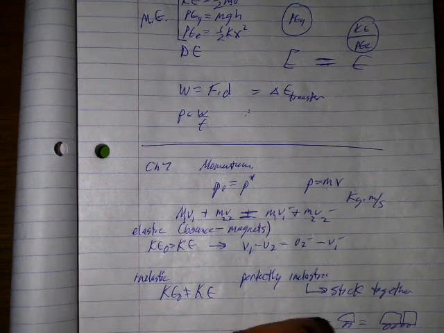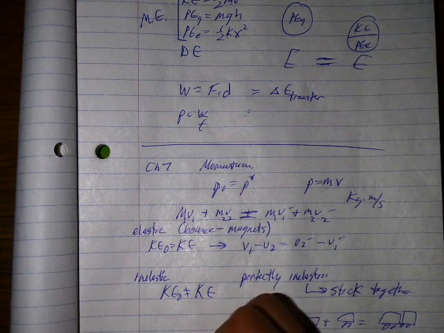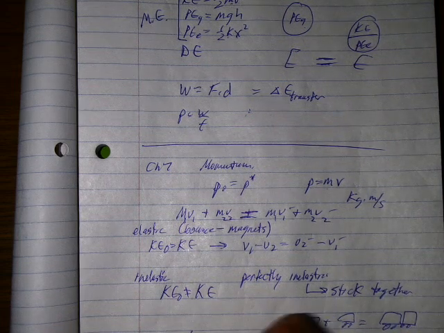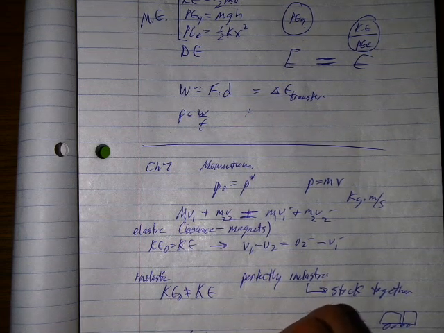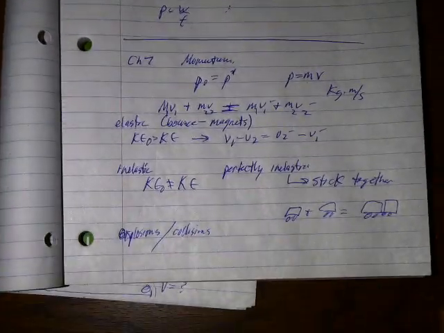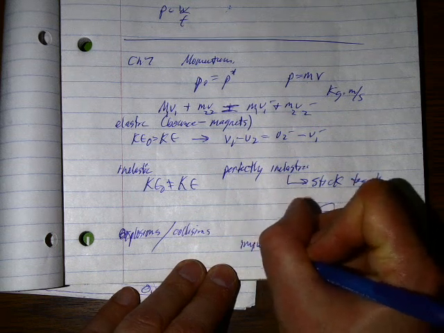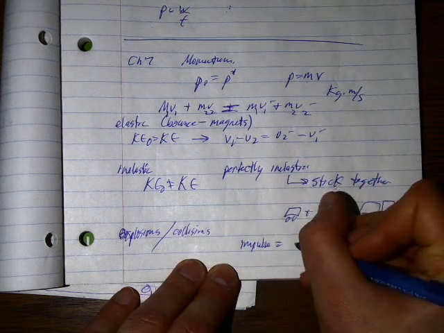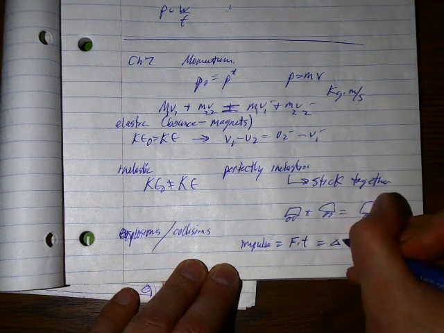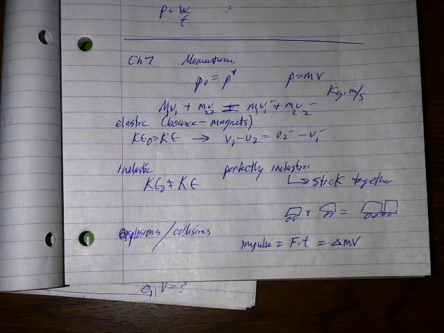We can also use momentum for explosions. So it's really good for explosions, which are just things pushing apart, and collisions. If that's involved, you want to use momentum almost always. The last piece here is momentum can change whenever there's an impulse. And that impulse is equal to force times time, and it also changes the momentum of the object. And that is that.